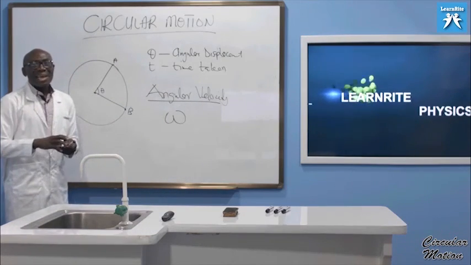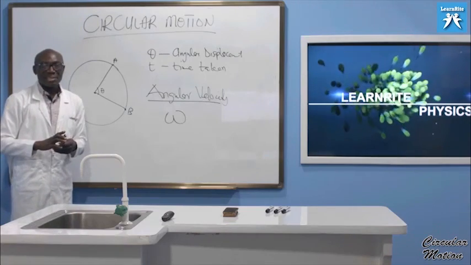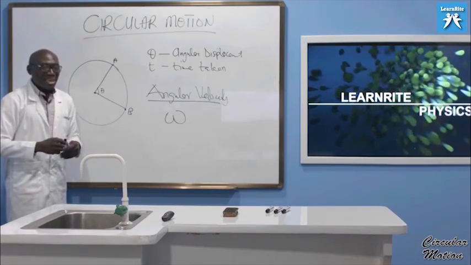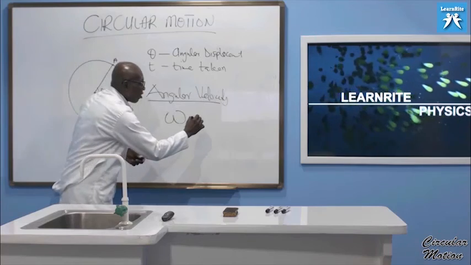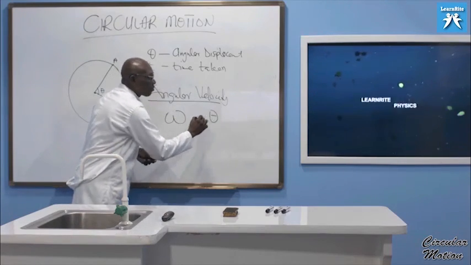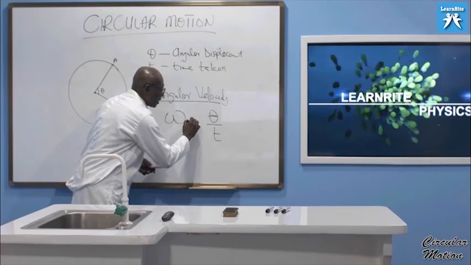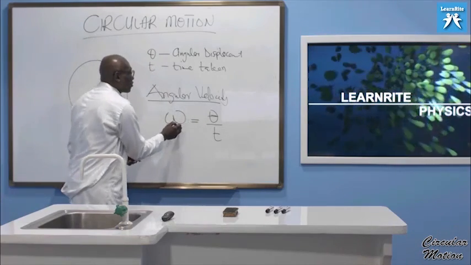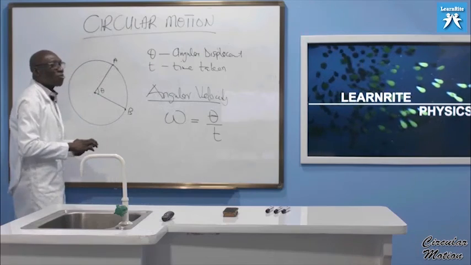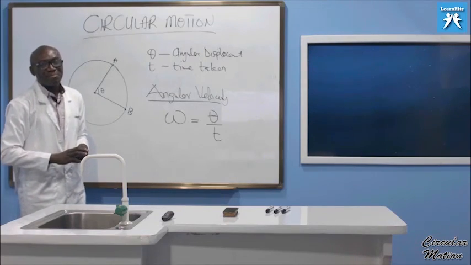the quantity angular velocity. Now, if I take the angular displacement and I divide it by the time t, then this ratio is what we call the angular velocity.